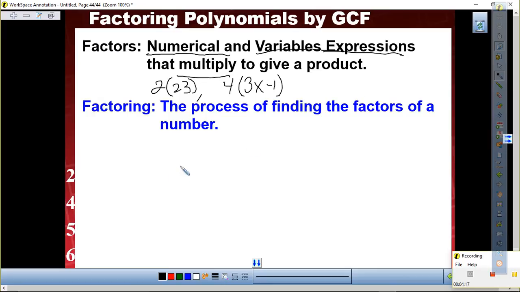Okay, here it goes. The process of finding factors. If I gave you the number, look up please, if I gave you the number 6, and I ask you for a factor, what would be one of those factors? Charlie. One factor. 2.